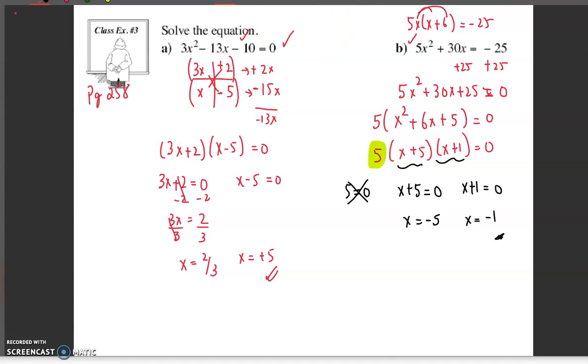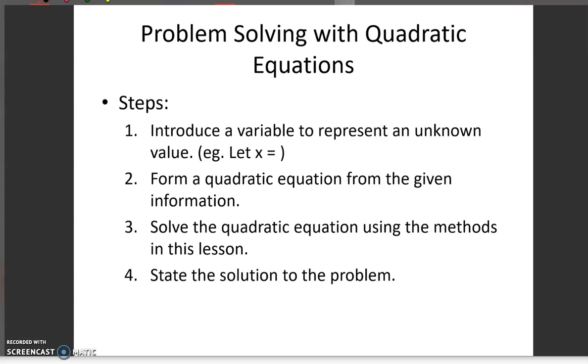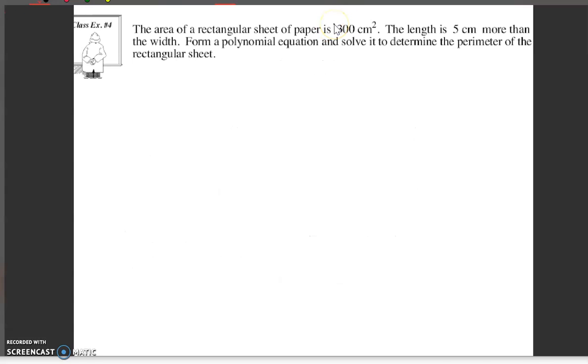Now let's take a look at example number 4 here, which is a word problem. In this word problem, it says the area of a rectangular sheet of paper is 300 centimeters squared. And this is the part that we need to pay attention to. The length is 5 more than something, I don't know what, the width.